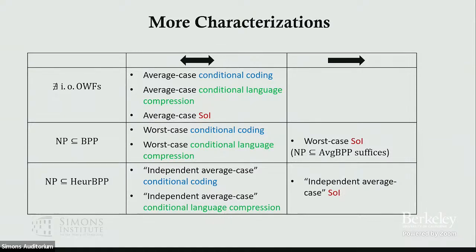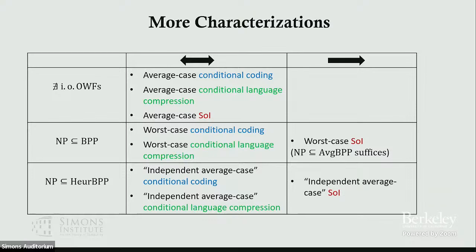This is for the case where one-way functions do not exist. And we can also characterize NP is contained in BPP using worst case conditional coding and language compression.